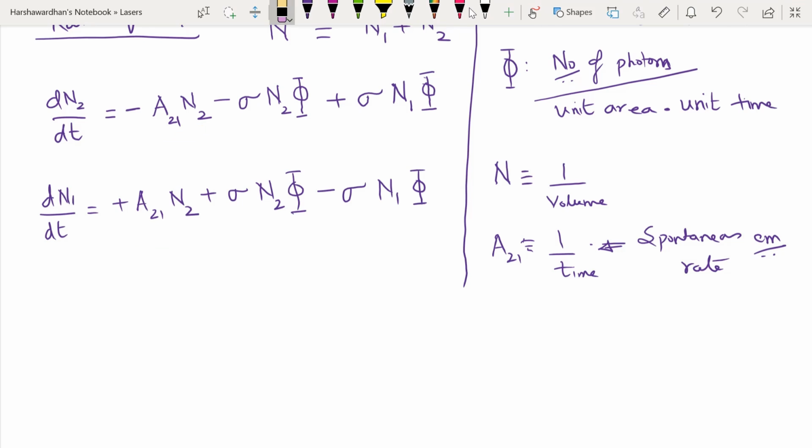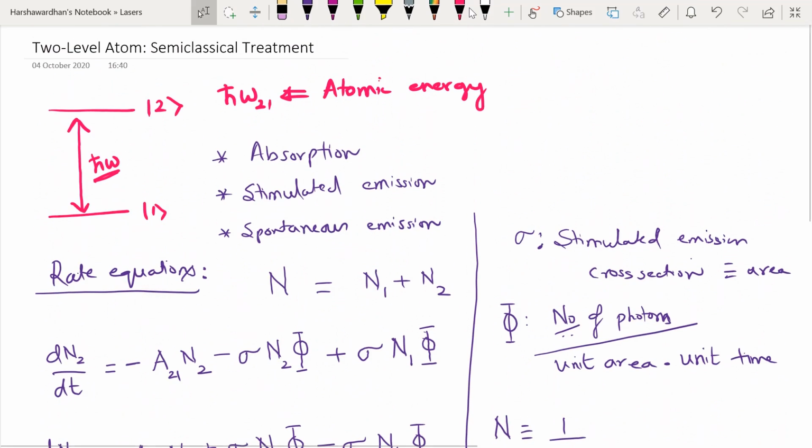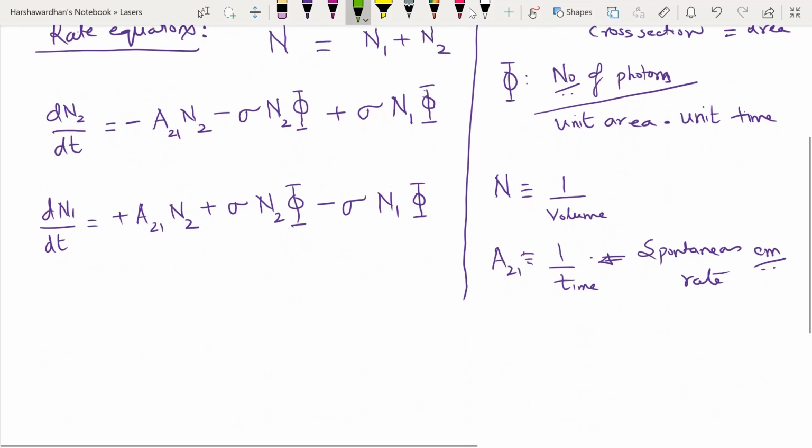In general, one could have a situation where there is a finite decay of this atomic population to other states within the atom, right? For example, I could talk of a rate of decay as gamma 1 and gamma 2, which could be the rates of decay of the ground state and the excited state respectively.